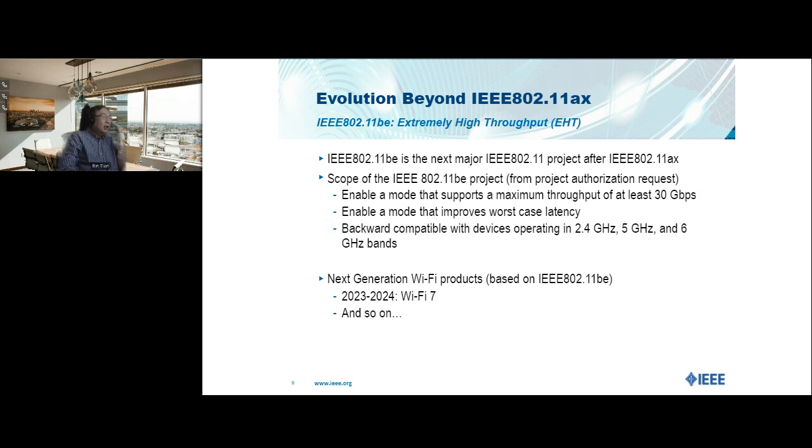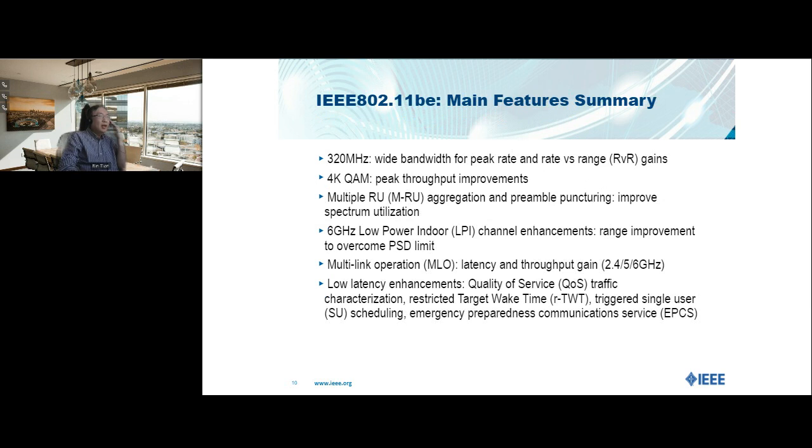The next generation of Wi-Fi products, based on 802.11be, we'll call Wi-Fi 7. We expect Wi-Fi 7 to launch at the end of this year, and you will start to see products show up. Again, this is just a preview of what we'll discuss for 11be, which is beyond the current 11ax.